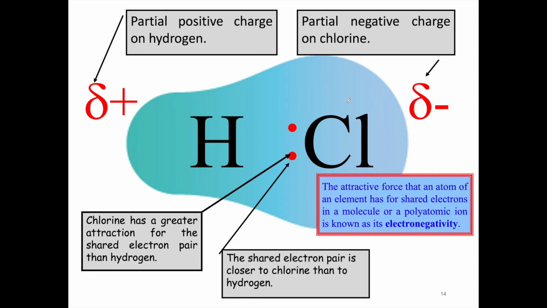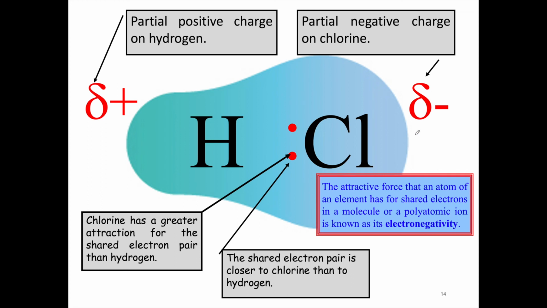As you know, based on electronegativity, chlorine has a greater attraction because of its higher electronegativity value, compared to hydrogen. So the sharing of electrons between hydrogen and chlorine is closer to chlorine than hydrogen.